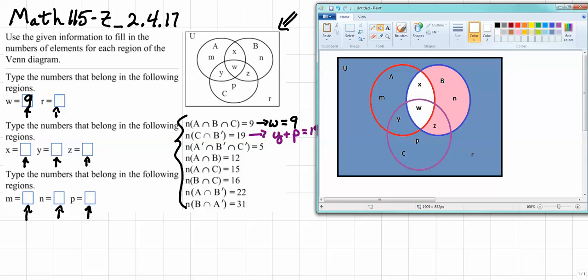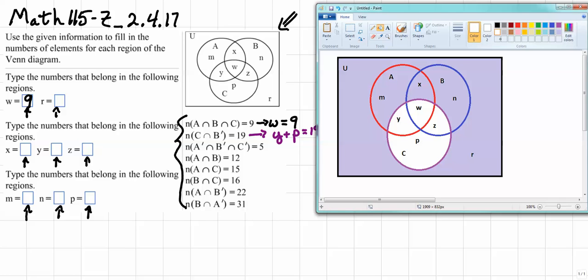And then there's C complement, which is everything that is outside of C. Now I have to figure out where the intersection of everything outside of A, everything outside of B, and everything outside of C is.